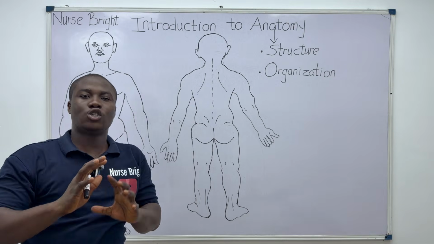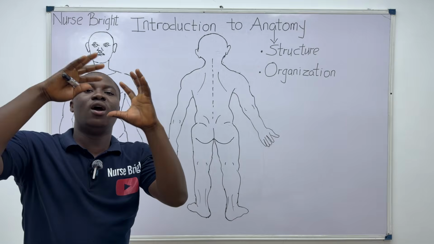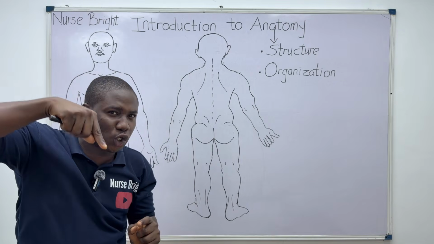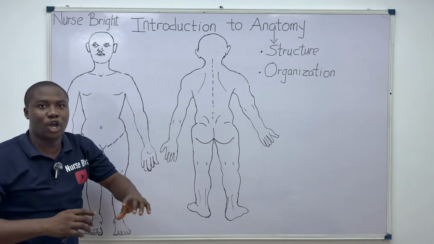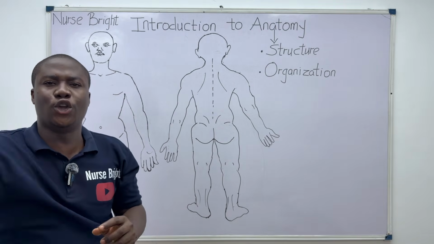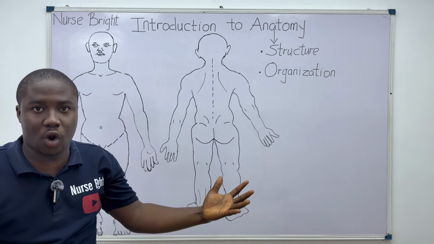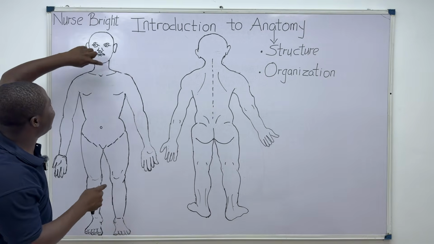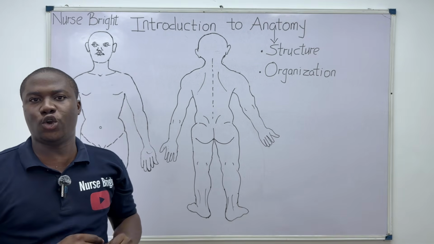So listen properly. In anatomy, we study the structure. I believe you can see from this diagram on the board different structures of the human body. This is the head, which is a structure of the human body. This is the neck, which is also a structure of the human body.